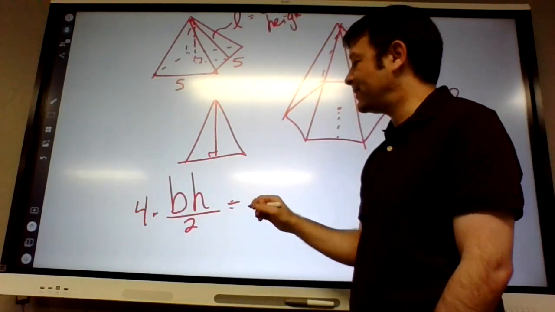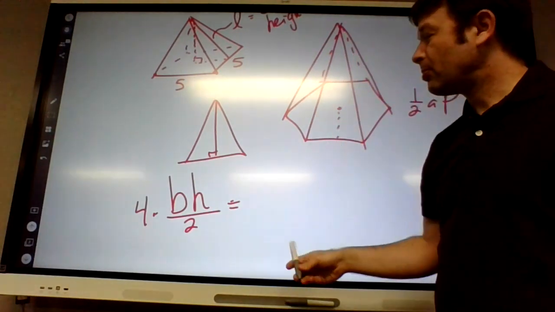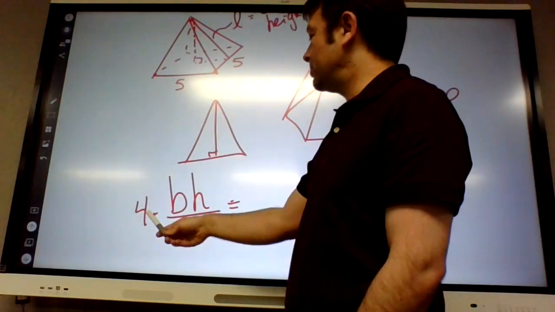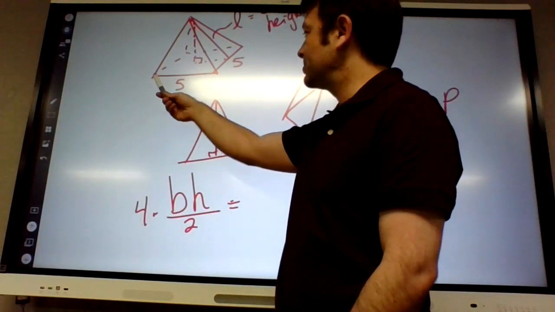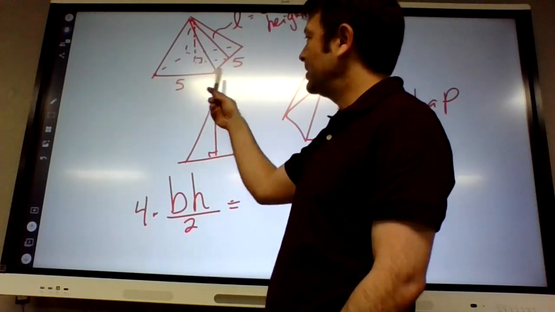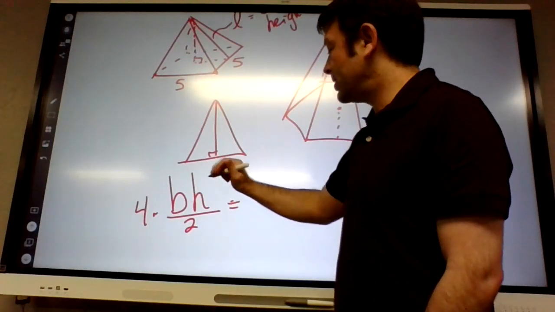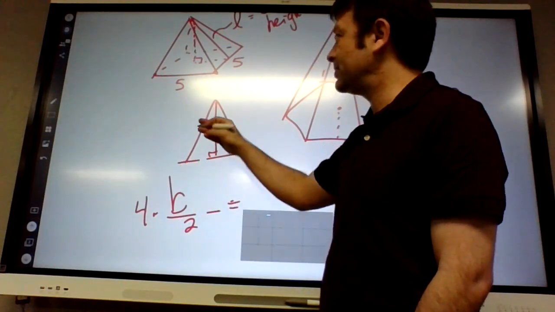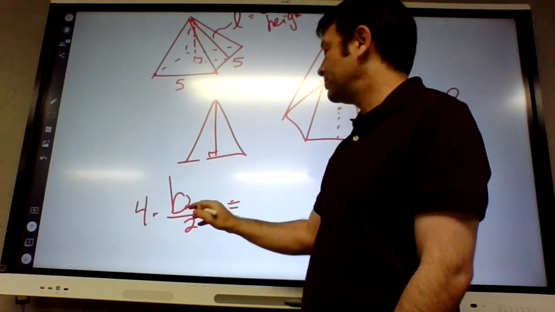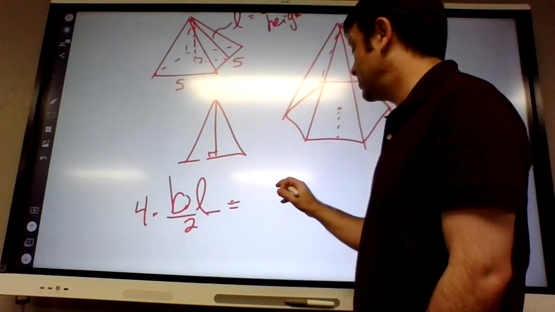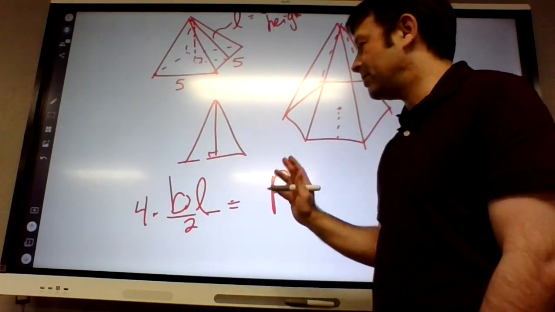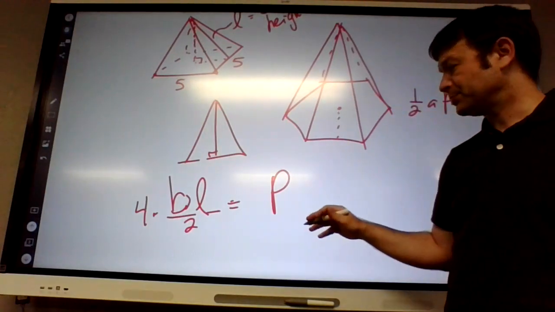Okay, what this simplifies to though is like the base 5 times 4, that's basically the perimeter. And instead of using H for the height, because that's like the height of the prism, we'll use L for the slant height. So anyway, all that to say, this is the important part.